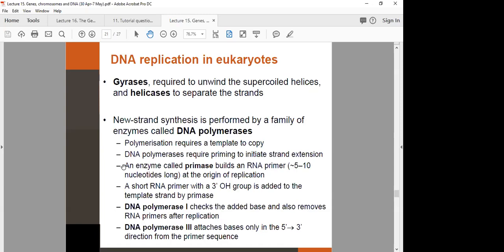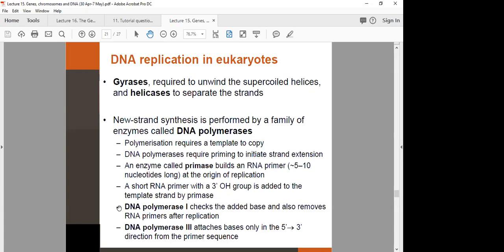So to facilitate this, an enzyme called primase will come along and insert a small complementary RNA primer, normally about 5 to 10 nucleotides long, and this is inserted at a very specific sequence of DNA called the origin of replication. Basically, the enzyme will recognise a particular DNA site. So the short RNA primer is inserted and it has a 3' hydroxyl group on one end, as we just saw.